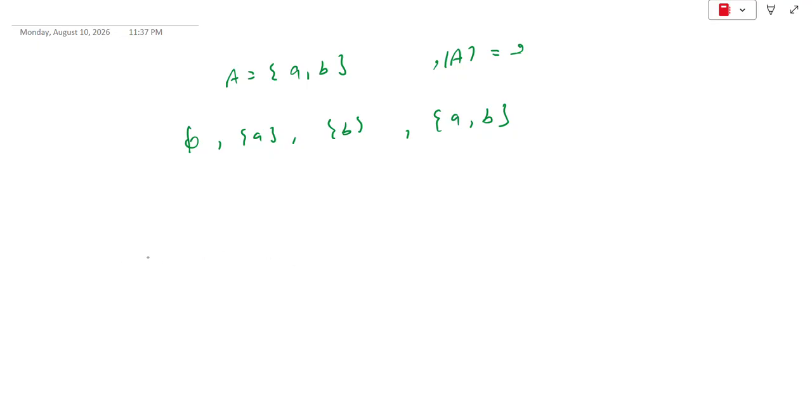And according to our formula, the number of total subsets is 2 to the power n, 2 to the power number of elements in the set, cardinality of A. So cardinality of A is 2. This is my n. n is 2. So 2 to the power 2 is 4. The total number of subsets is 4: 1, 2, 3, 4. Here the formula is verified.